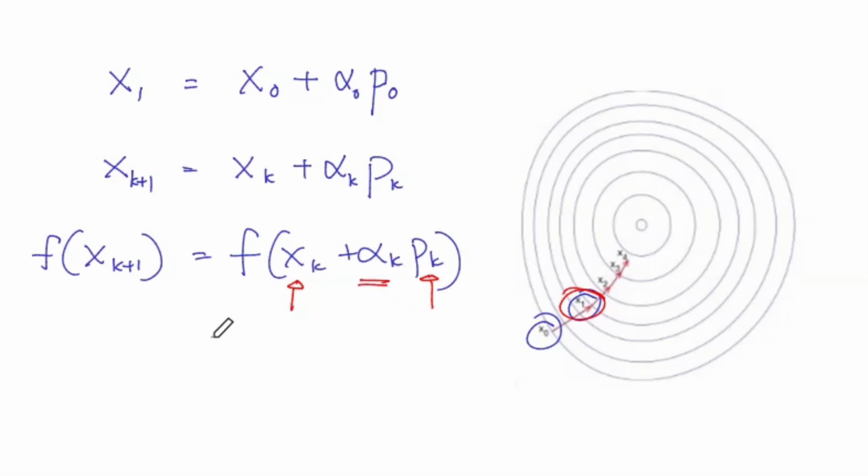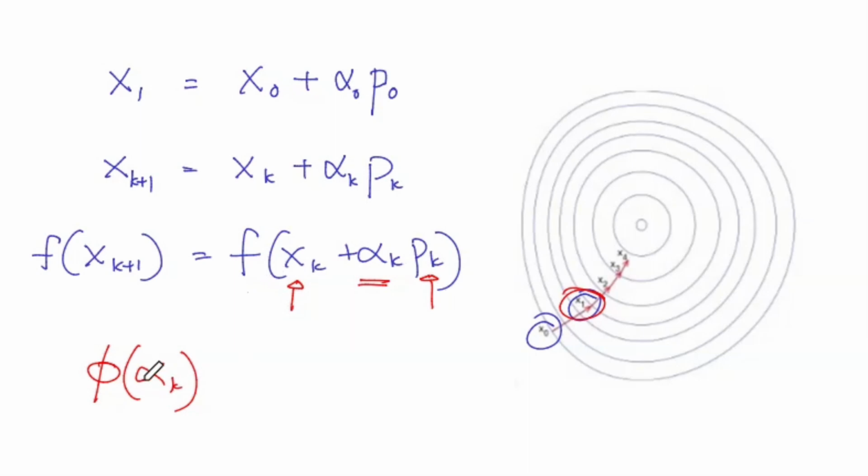So we can rewrite this function in another form. We call this function phi, not f anymore, because this is another function that takes alpha as the variable. What it means is that when we know the point we are standing at, alpha is the only variable we need to determine to find the value of the function.